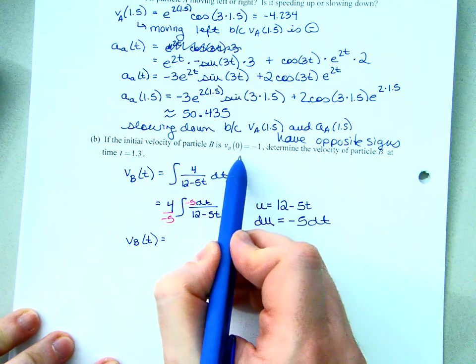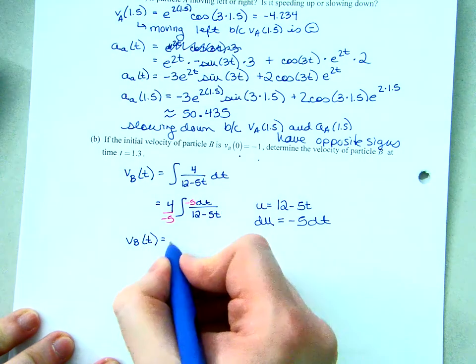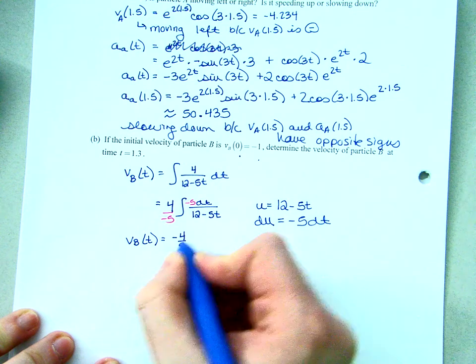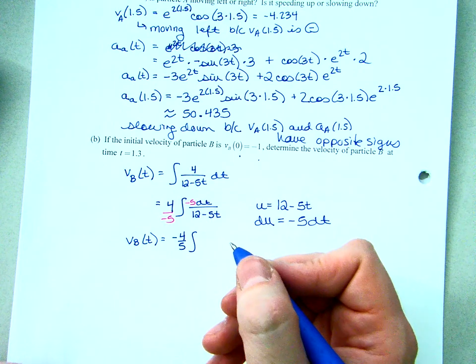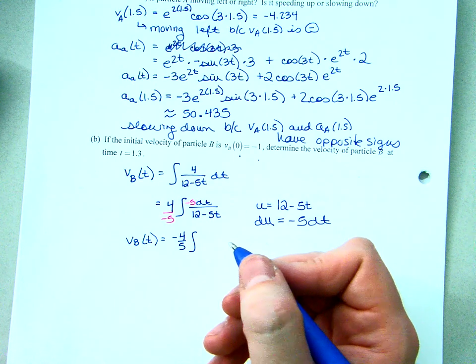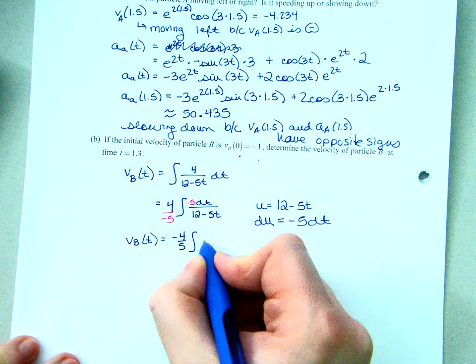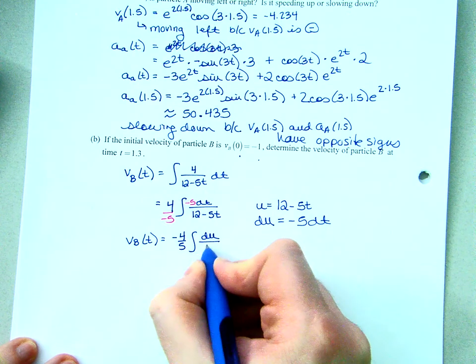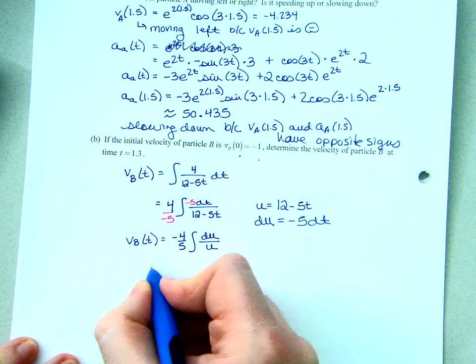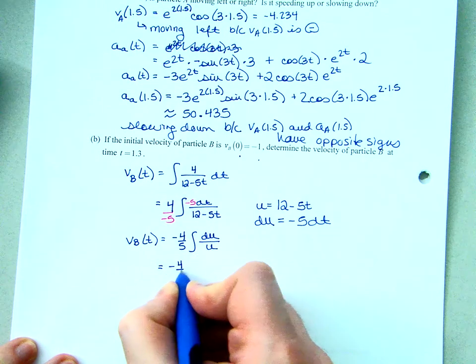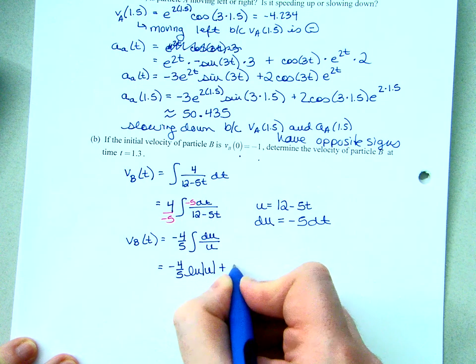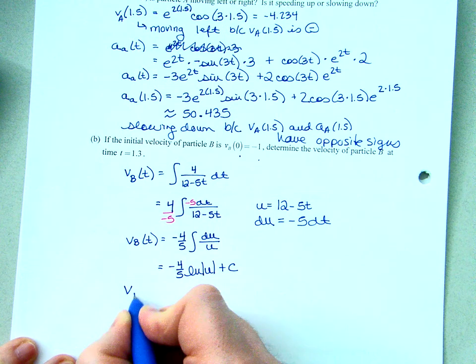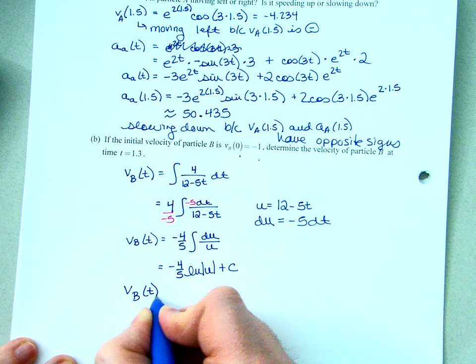Because I told you the velocity at time 0 is -1, you'll plug in and figure out your C. I'd like C to be exact, but when you finish off the problem, give decimals for the final answer.